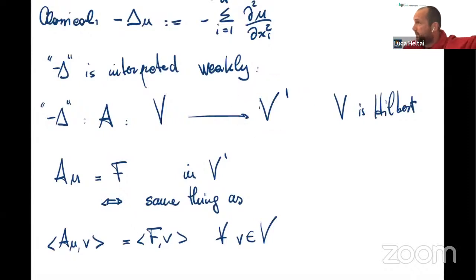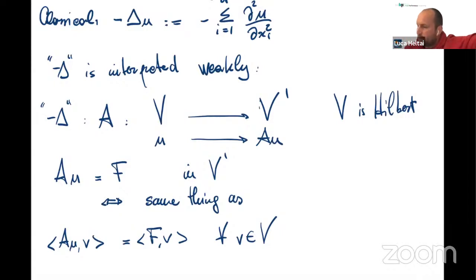If I'm saying that A is a linear operator that goes from V to the dual space V prime, it means that A takes a function u and returns something that is interpreted as a linear operator on the space V.